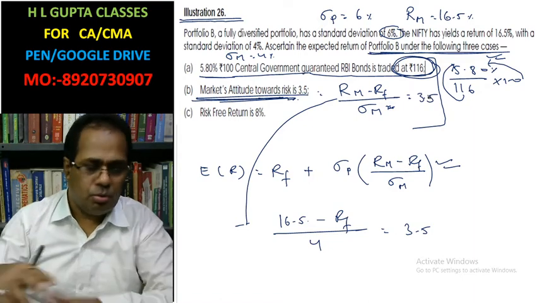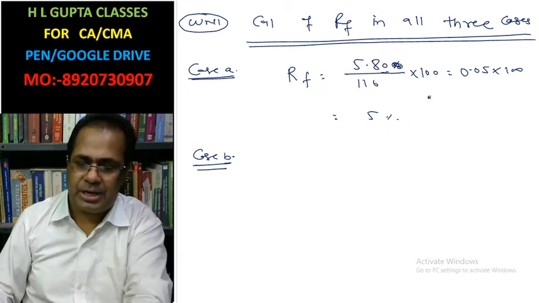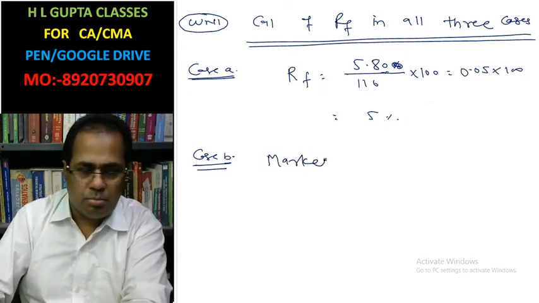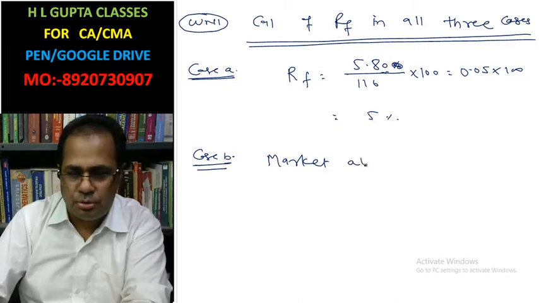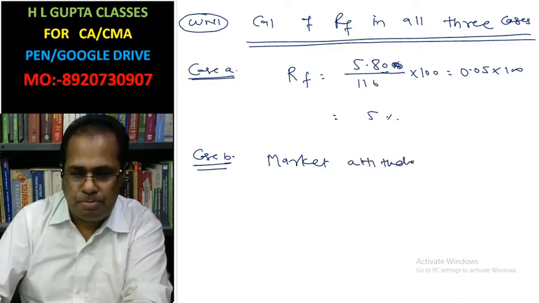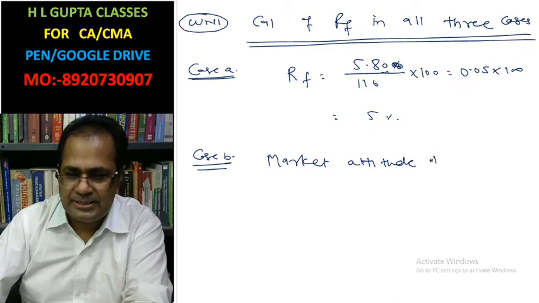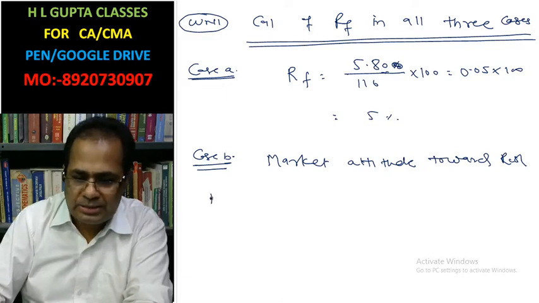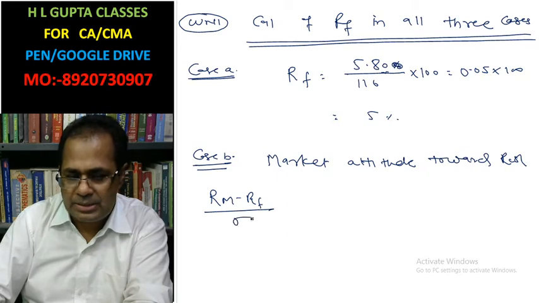Market attitude towards risk is RM minus RF divided by standard deviation of market.